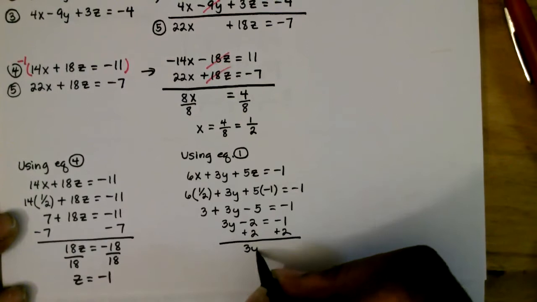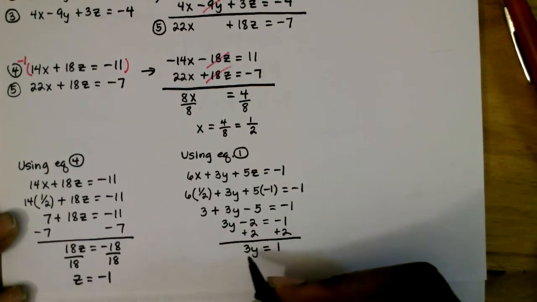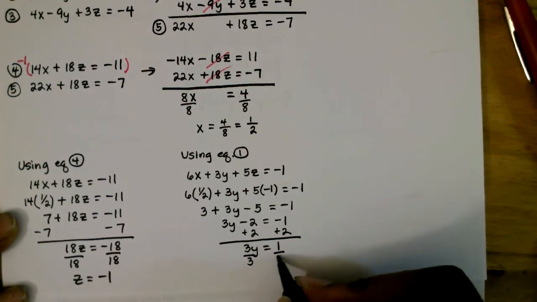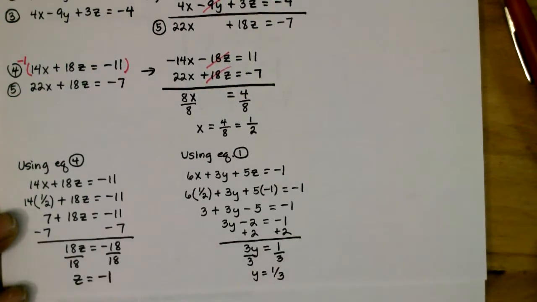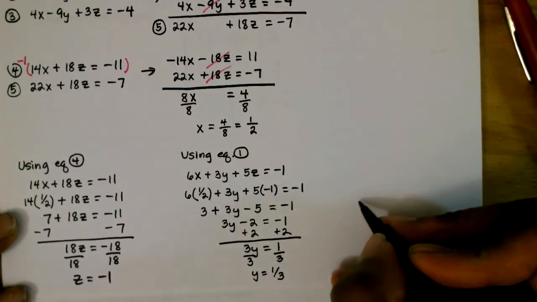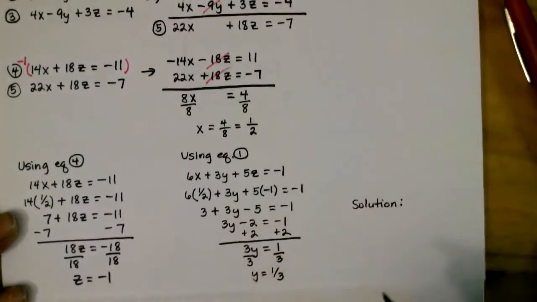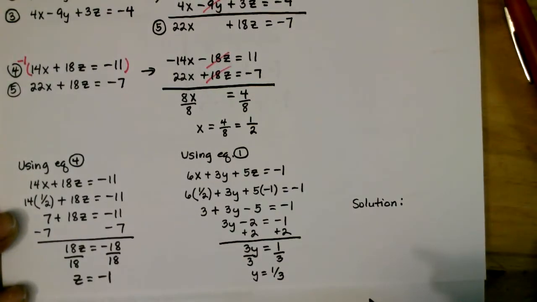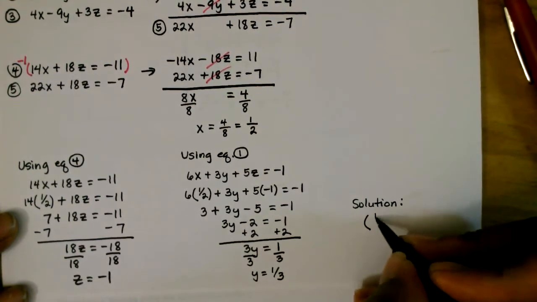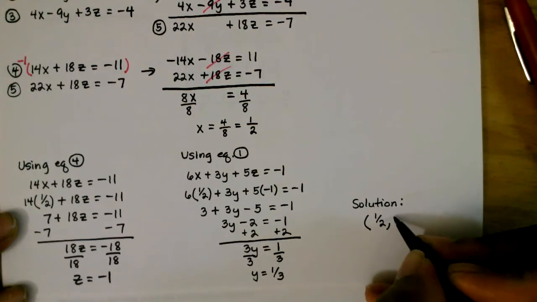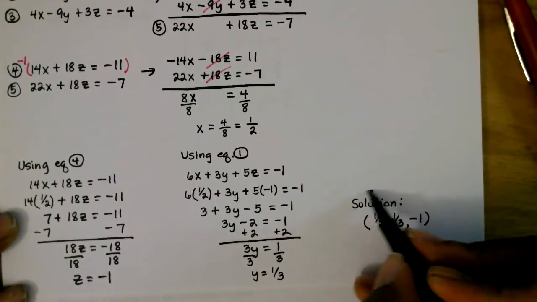So that means 3y is equal to negative 1 plus 2, which is 1. Divide both sides by 3. You'll get y is equal to, and this will be a fraction as well, 1/3. So the solution for this system of linear equations in 3 variables will be the ordered triple: x is 1/2, y is 1/3, z is negative 1.